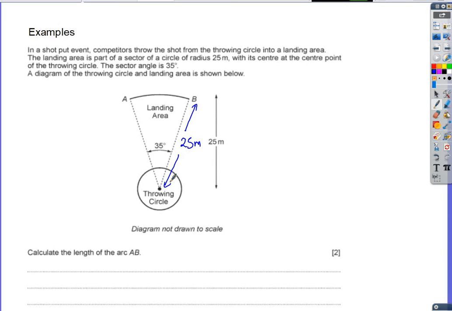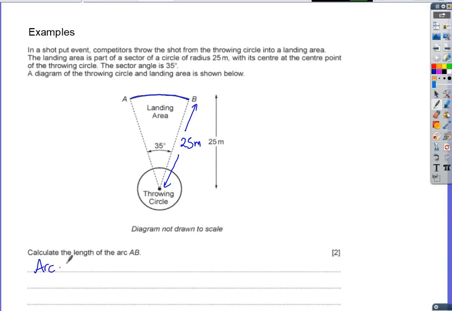When it's at the centre point of the throwing circle, the sector angle is 35 degrees, that's drawn on there. A diagram of the throwing circle and landing area is shown below. Calculate the length of the arc AB. So we need to find the length of this.